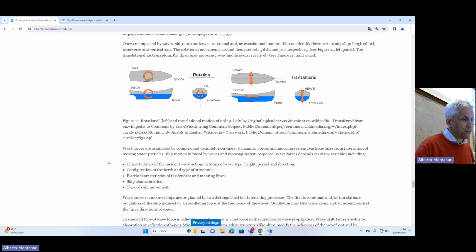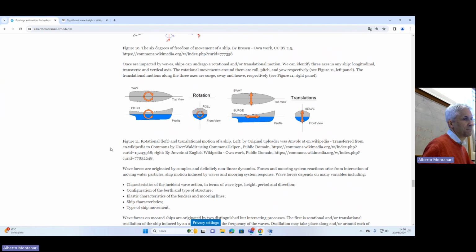Now, of course, you understand that a forcing that possibly originates movements along the 6 degrees of freedom is a complex forcing to describe and to estimate, because it depends on the interaction between the waves and the body of the ship.